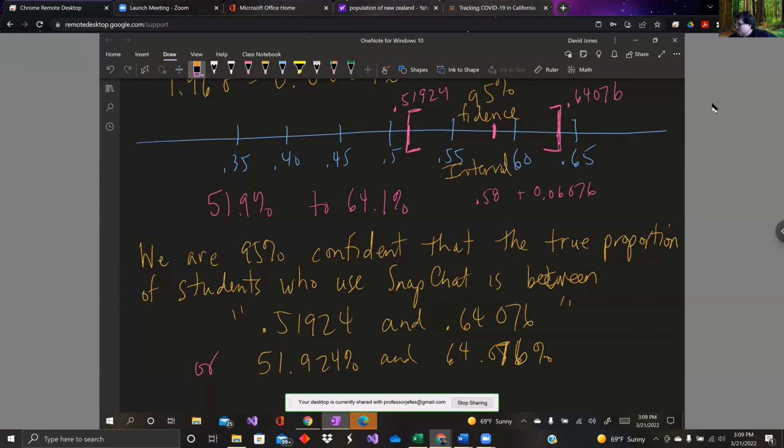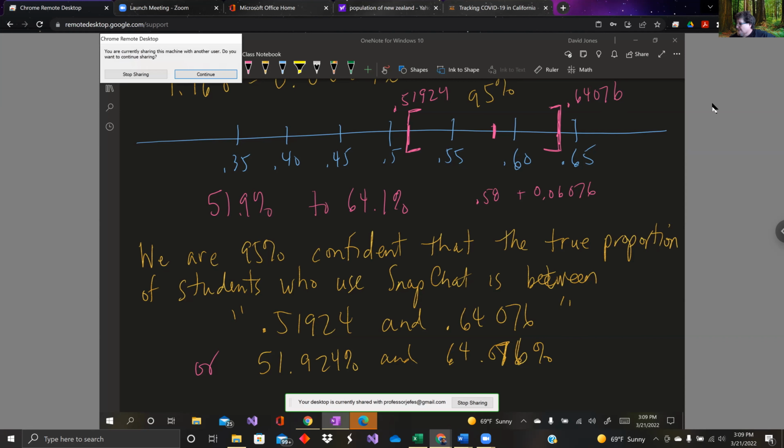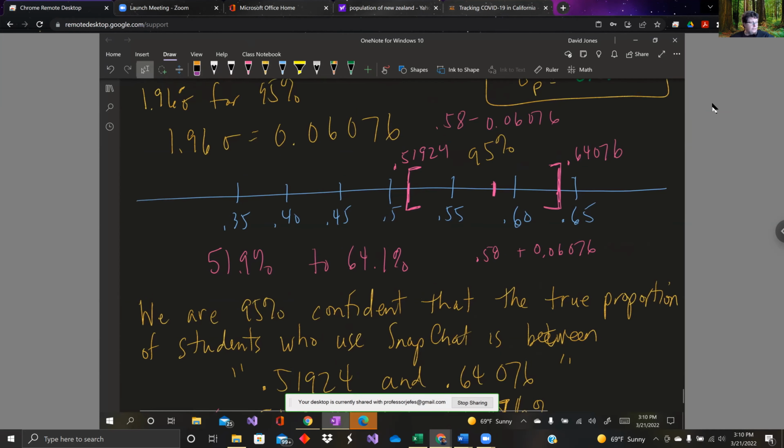While we're at it, I'm just going to calculate the confidence interval for the 90% and 99%. And I'll draw them right on the same graph. So let's come up here and draw them. I did the 90%.